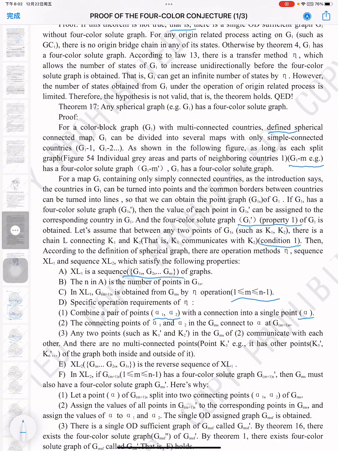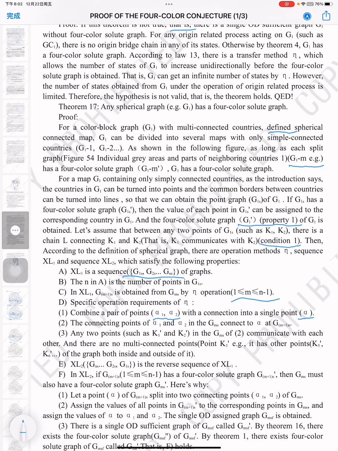Any 2 points such as K1 apostrophe and K2 apostrophe in the GMS communicate with each other, and there are no multi-connected points. Point K3 apostrophe, e.g., has other points K5 apostrophe, K6 apostrophe, and so on of the graph both inside and outside of it.